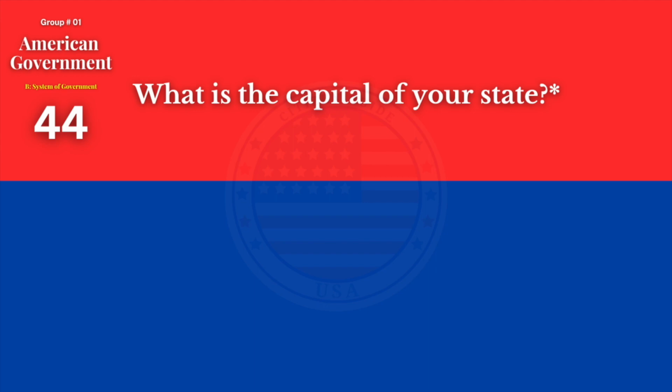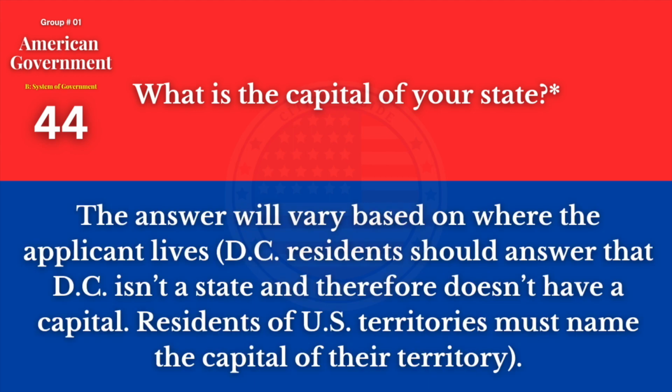What is the capital of your state? The answer will vary based on where the applicant lives. D.C. residents should answer that D.C. isn't a state and therefore doesn't have a capital. Residents of U.S. territories must name the capital of their territory.